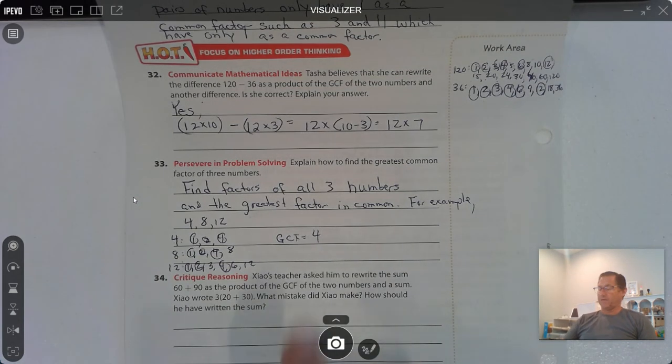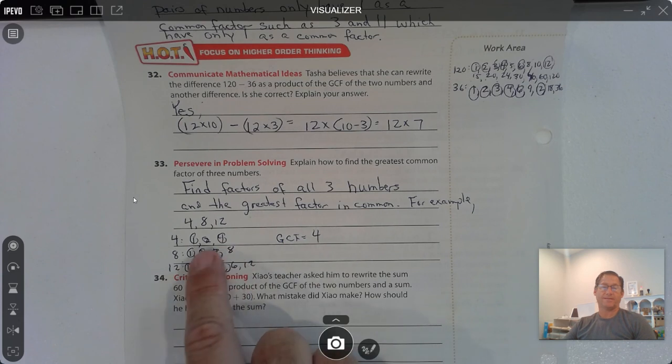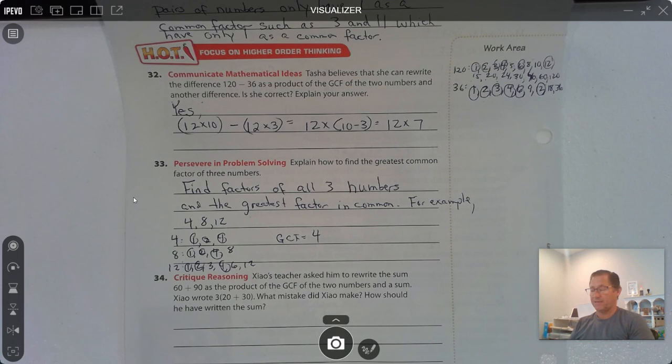So in 4, 8, 12, we list all the factors of 4: 1, 2, 4. 8: 1, 2, 4, 8. 12: 1, 2, 3, 4, 6, and 12. Circle anything in common, and we see that 4 is the greatest common factor. So same as two numbers, except we just have the third.